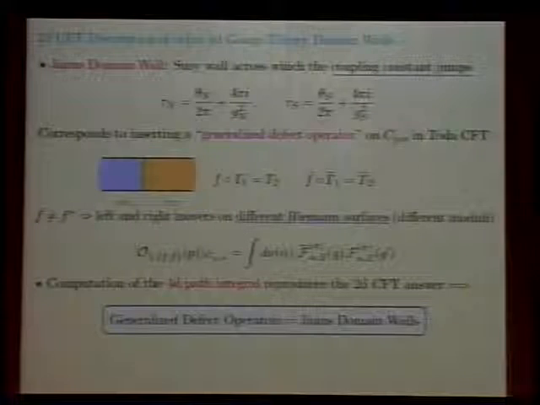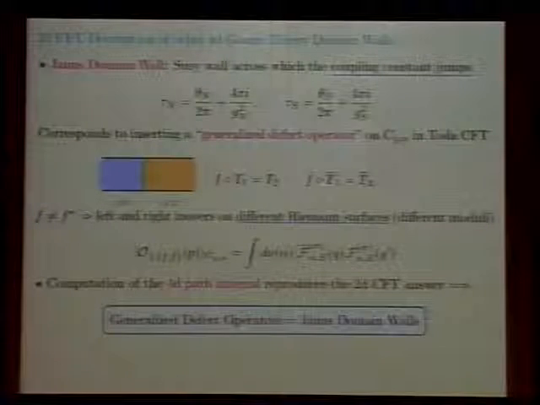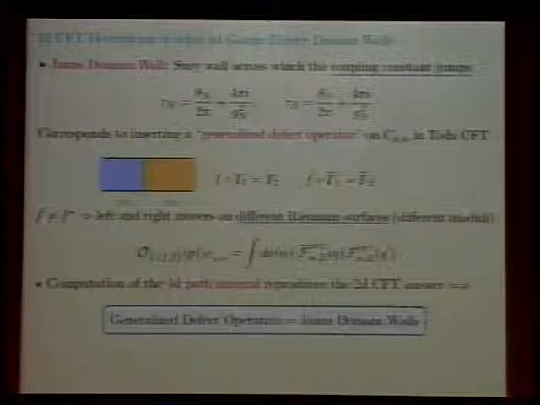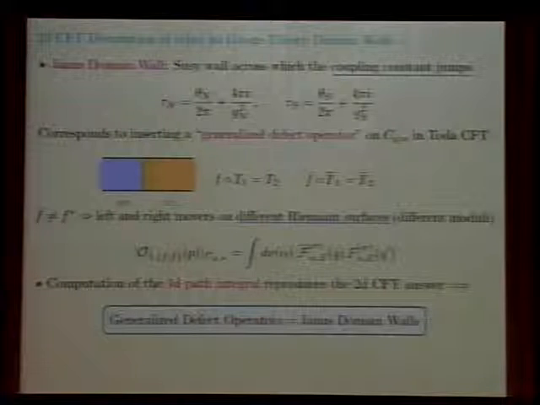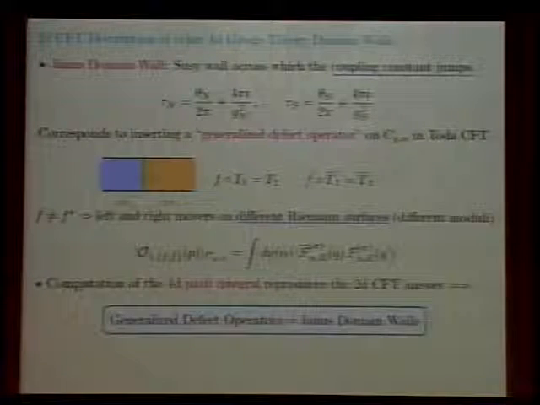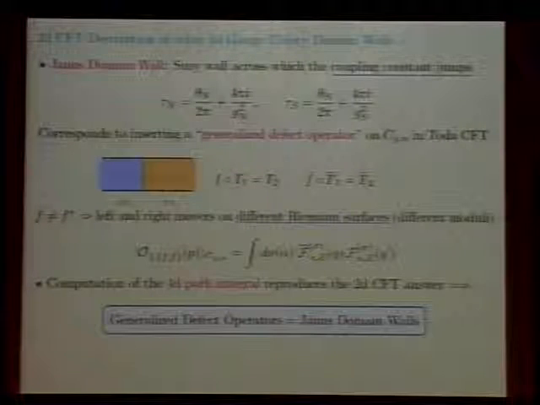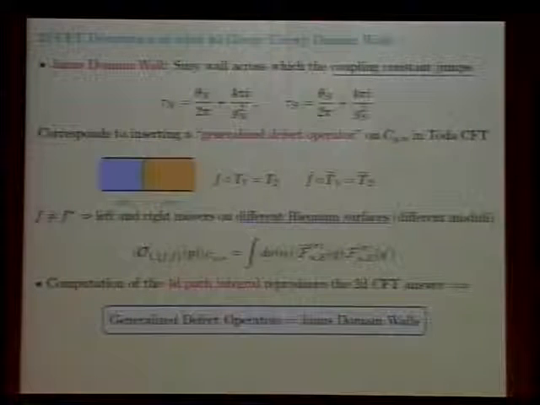Okay? If you do that and you take F bar to be not the complex conjugate of F, essentially what happens is that you're changing the complex structure on the holomorphic and anti-holomorphic blocks so that the right movers and the left movers of the CFT are actually living on two different Riemann surfaces. They have different moduli, essentially.